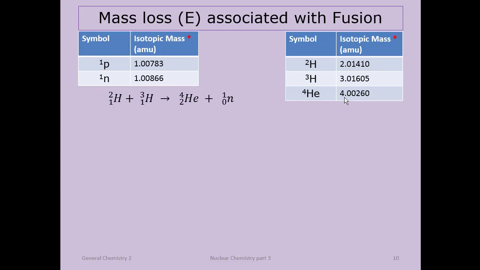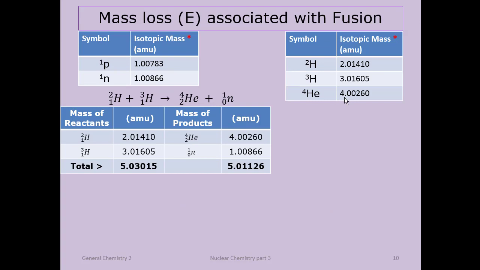So let's see how you did here. If you sum up all the mass of the reactants, you get about 5.03015 AMUs. If you sum up all the products, you get 5.01126 AMUs. And if you do your loss of mass, about 2/100ths of an AMU was lost in this reaction, and that's per atom of helium-4 that's formed.